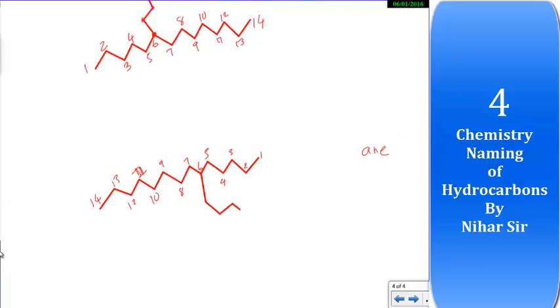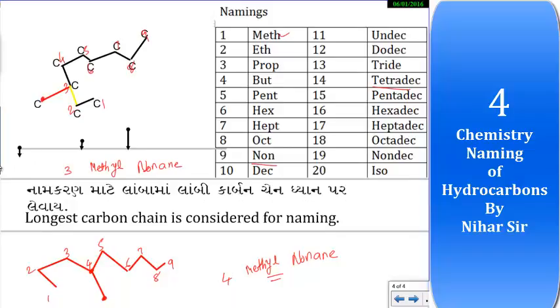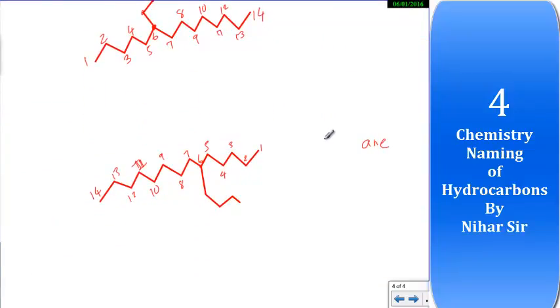Now there are 14 carbons, so for 14 carbons we have tetradec, as we did earlier. It's tetradecane, and there is branching off on number 6.